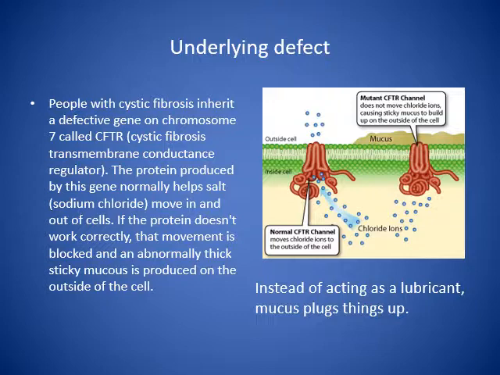If the protein isn't working correctly, the salt cannot move in and out of the cells. Normally, sodium chloride acts as a lubricant for mucus, which lines the airways. So when that's missing, you get thick, sticky mucus that's stuck outside of the cells.